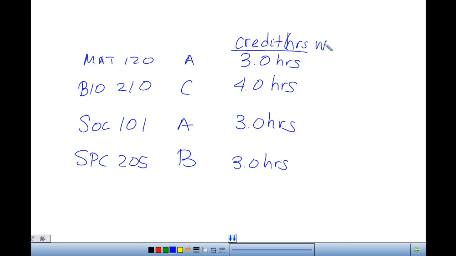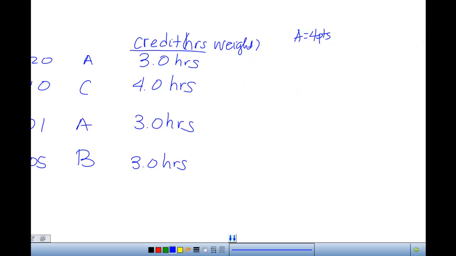So on the scale, an A is what? 4 points. B is 3 points. C is 2 points. D is 1 point. And then, of course, the F is no points. All right? But the hours still count.